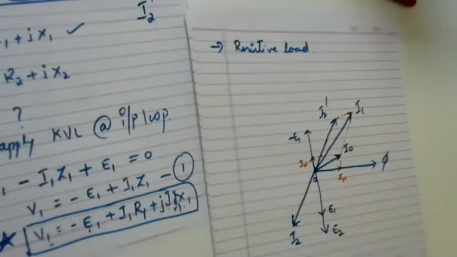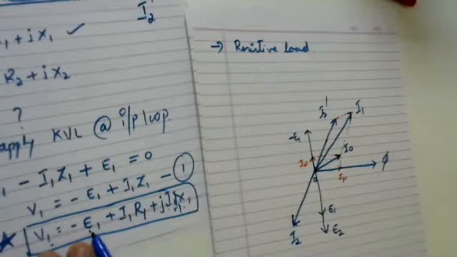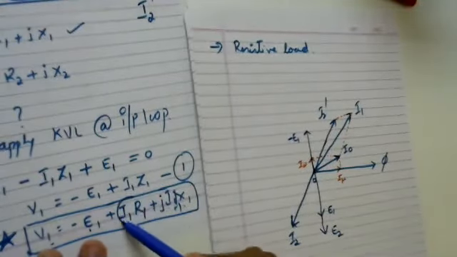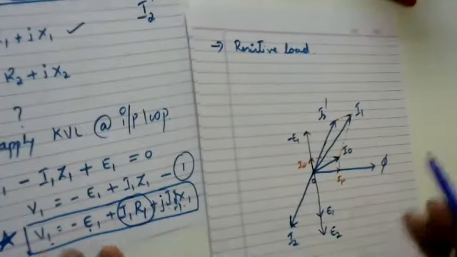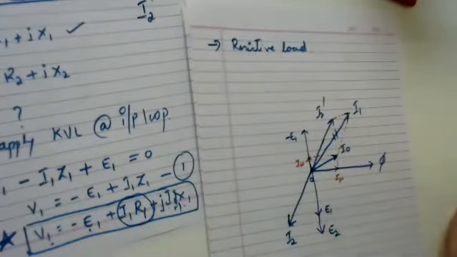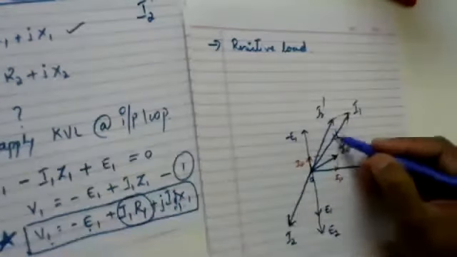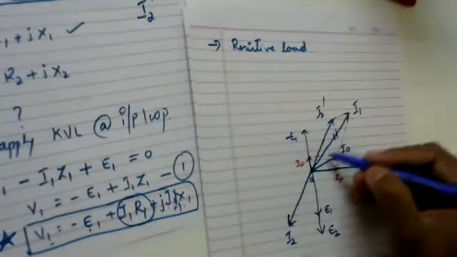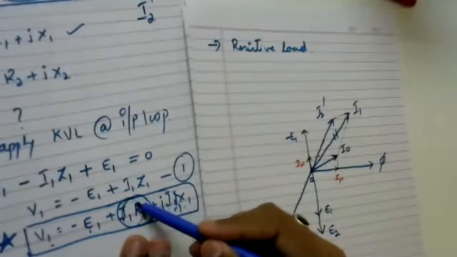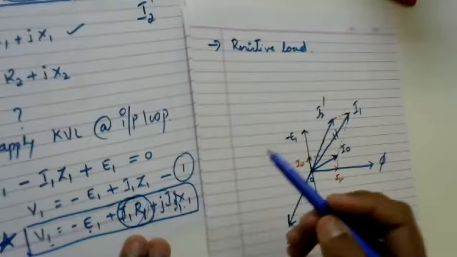Next, what do I need to do? This minus E1 has to be added with a voltage drop I1 into R1. Where is your I1? So this is your vector I1, a vector which has been shown in the two lines. Now to indicate this voltage drop I1 R1, what should I do?